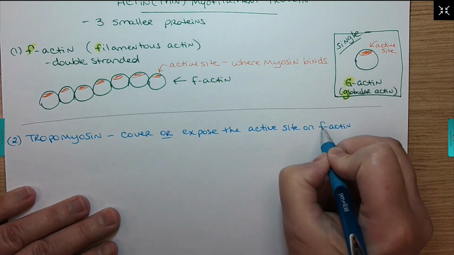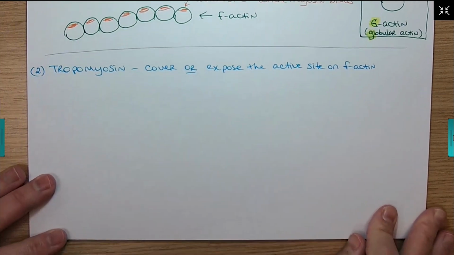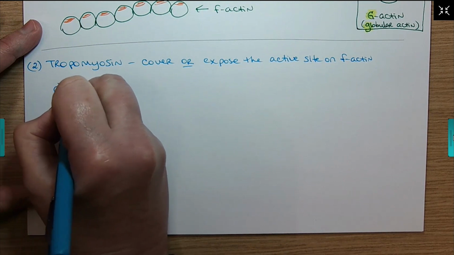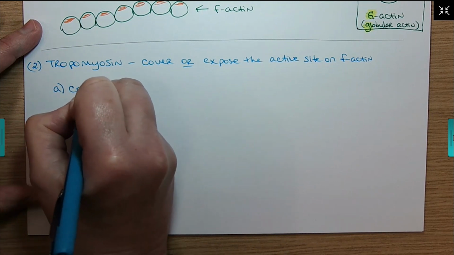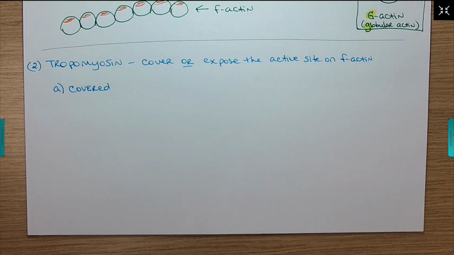So it's either going to cover it up or let it be visible. So we're going to look at 2 scenarios: the first where it is covered, and the second where it's exposed.